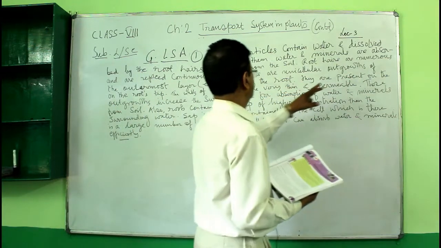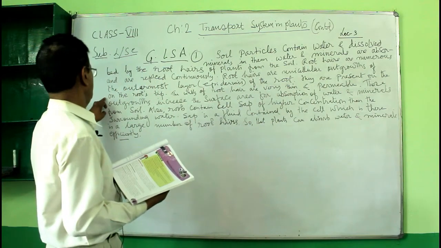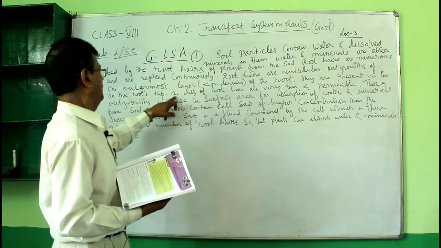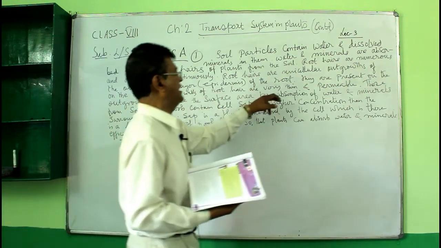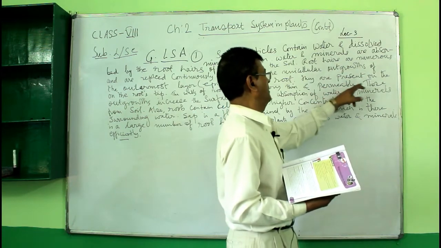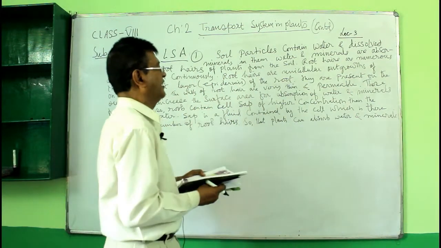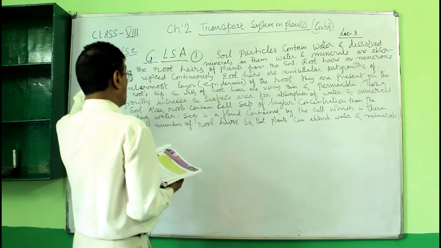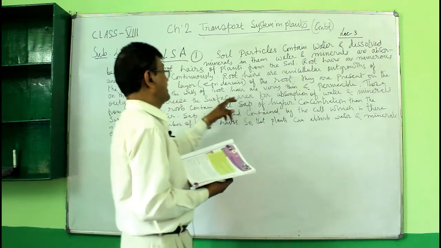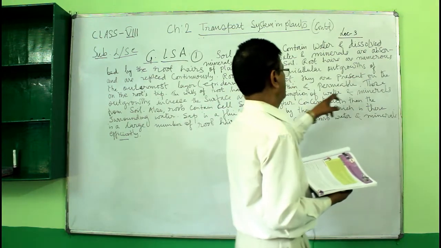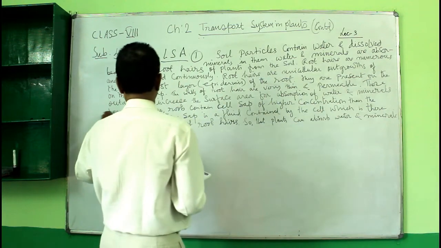They are present on the root tip. The walls of the root hair are very thin and permeable. Permeable means they can easily take in selected things. These outgrowths increase the surface area for absorption of water and minerals from the soil.